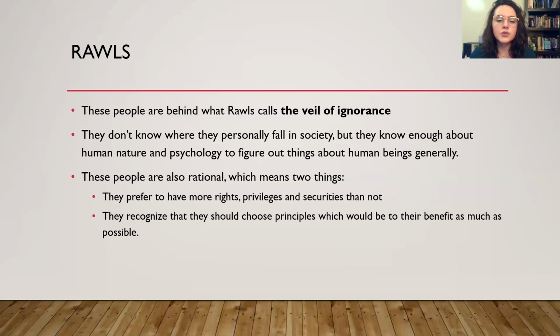We choose those actions that we think would benefit us as much as possible without railroading other people. And so that's what Rawls has in mind when he says that people are rational. So rational agents in this case would choose to endow the citizens with more rights, privileges, and securities than not, and they would choose principles that would be as much to their benefit as possible.